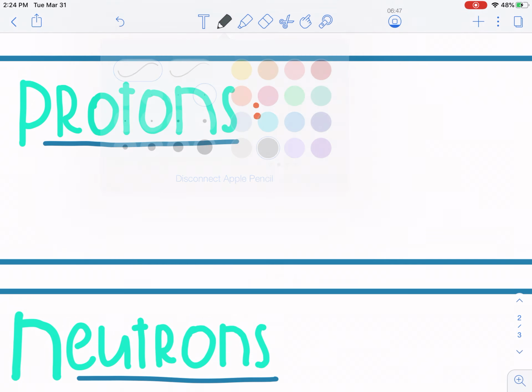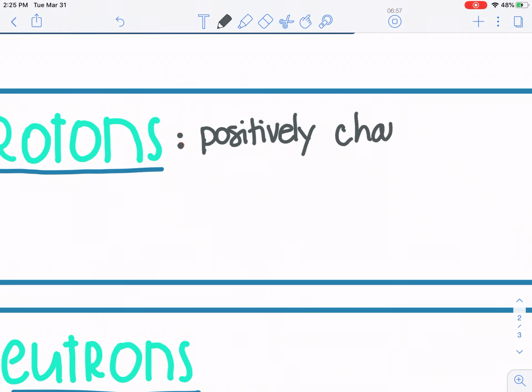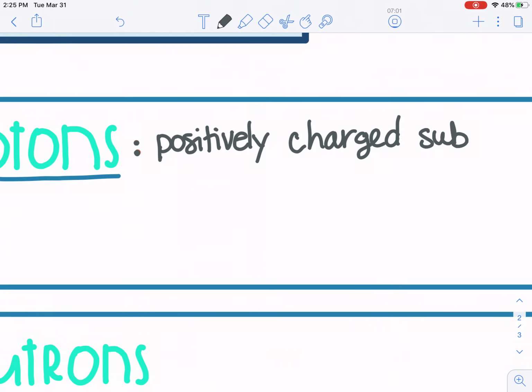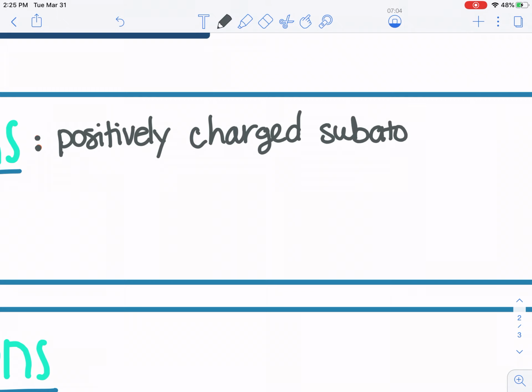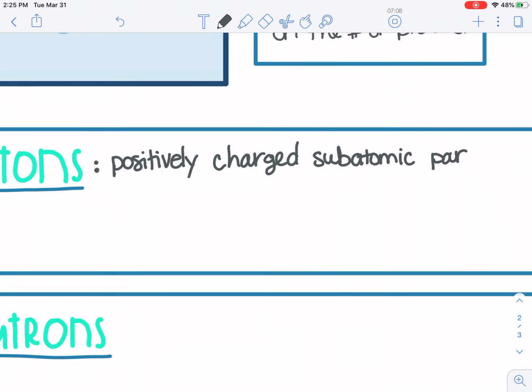So protons are positively charged subatomic particles, which just means they make up atoms. Again, positively charged. They have a positive charge. They are found in the nucleus.